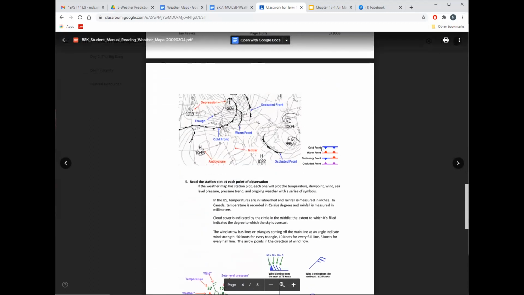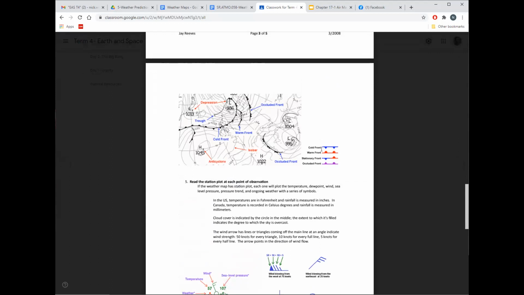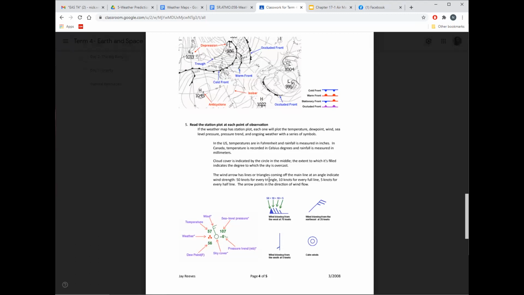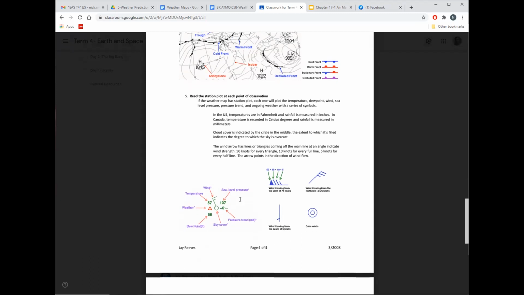So weather maps are put together by lots of different weather stations. You get data from all these different weather stations, and then you read the data and what it says, and you can apply what you know to read and interpret the weather. But each weather station is going to report its data using the same method. They're not going to use all these words and read out, that's just too long.